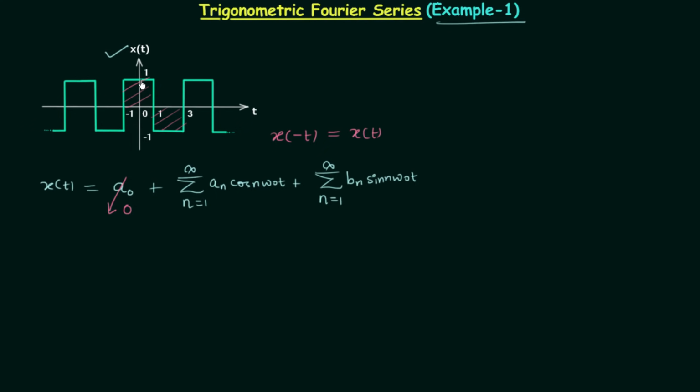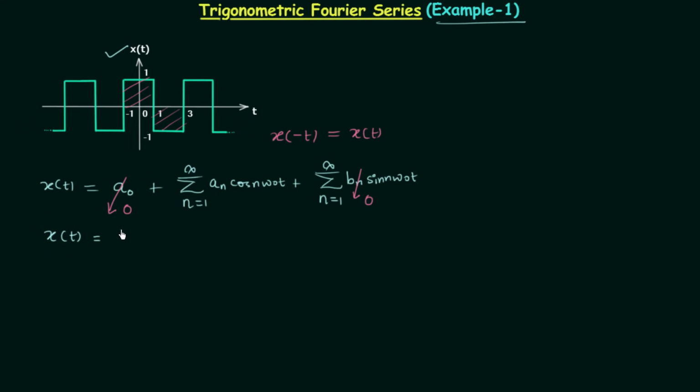So when you fold the signal about the y-axis, you will have the same signal, and in that way we can say that x(t) is an even signal. And whenever we have an even signal, there is no need to calculate b n because there will be no sine terms. So b n is also equal to 0, and thus there will be only cosine terms present in the expansion of signal x(t). So we can rewrite the expansion like this.